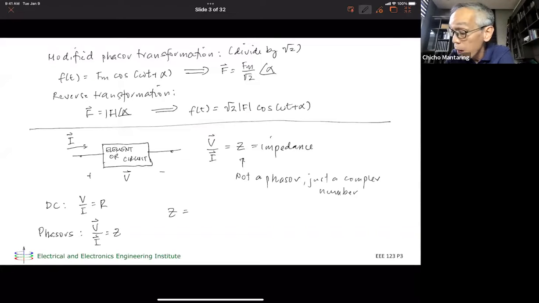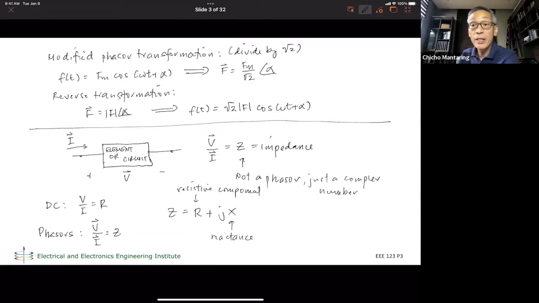This will be of the form R plus jX, where R is the resistive component of Z. And then X is the reactive component. You call this now your reactance.